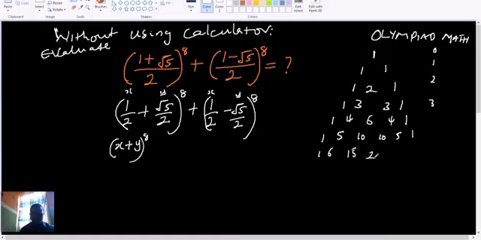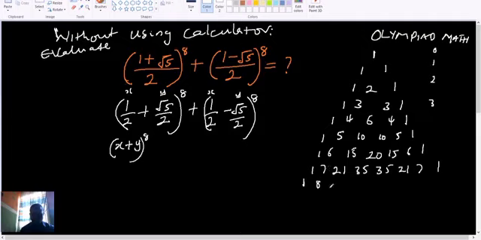15 20 15 6 1. Then you will have 1 7 21 35 35 21 7 1. If you count this, 1 2 3 4 5 6 7 8, it remains 1 since it started from 0, 1, 8.